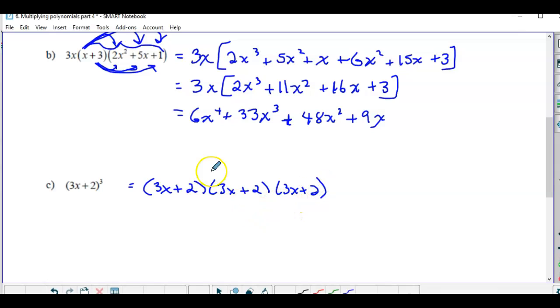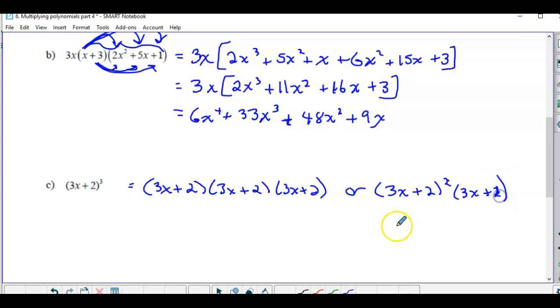Now, you can do the first two together and then multiply by 3x plus 2, or you could also show this as 3x plus 2 squared times 3x plus 2, right?